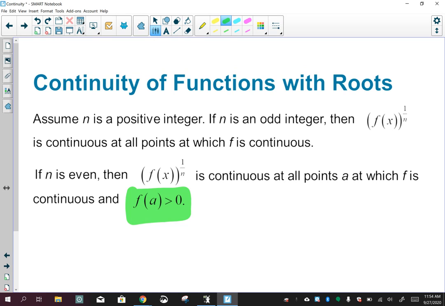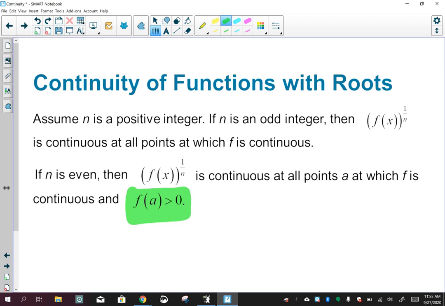You cannot have any negative roots, because if you have negative, like the square root of -9, that doesn't exist, because that's going to give you an imaginary number. And so when you're dealing with these, you need to make sure that whatever that y value is, it's greater than 0. Okay.